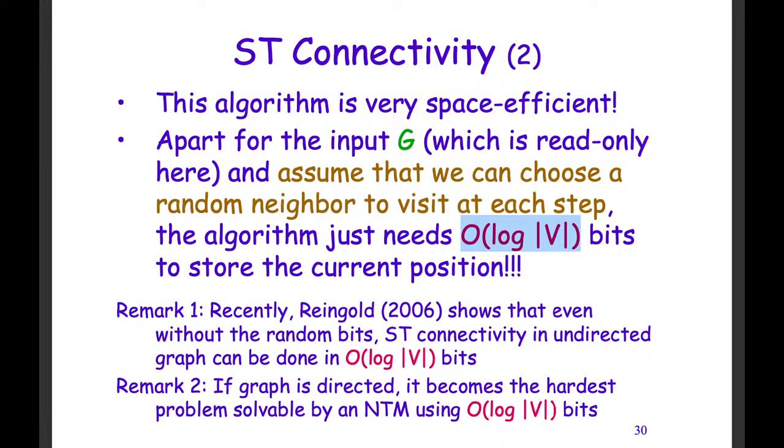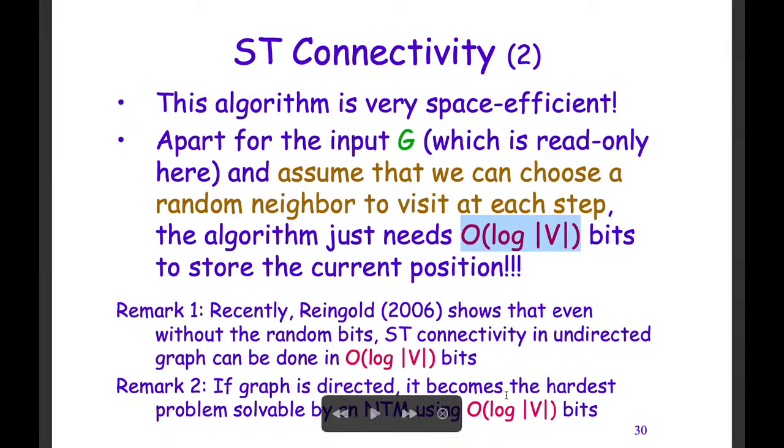Okay, and now, why is it important? We can see that this algorithm for a random walk on an undirected graph takes only log v bits.